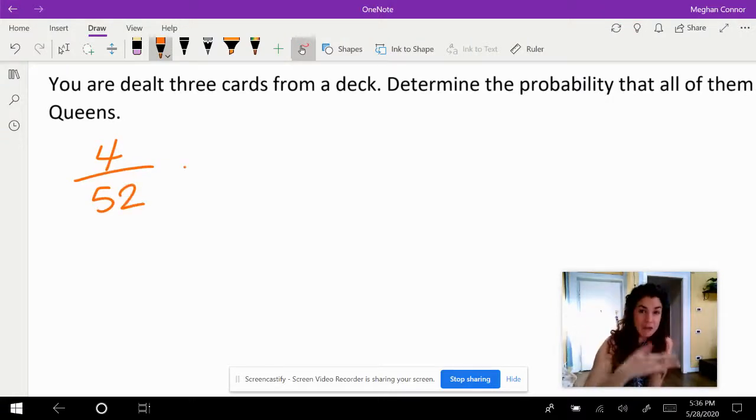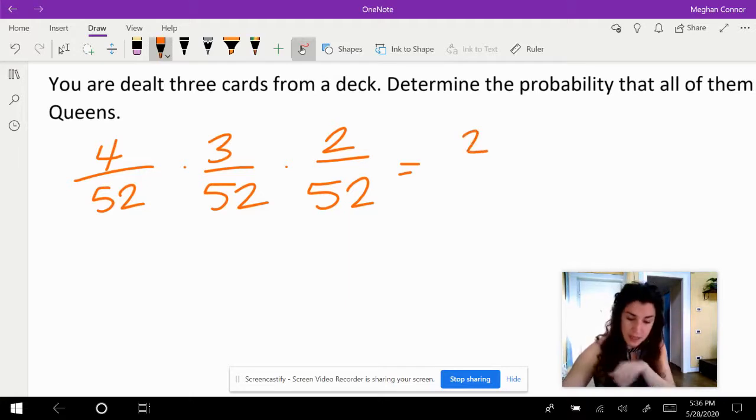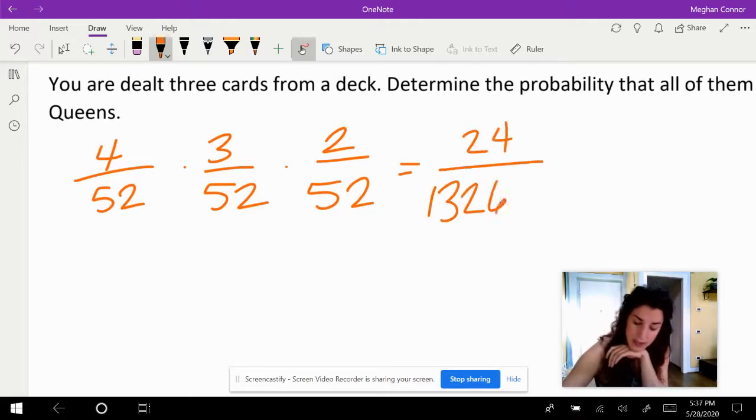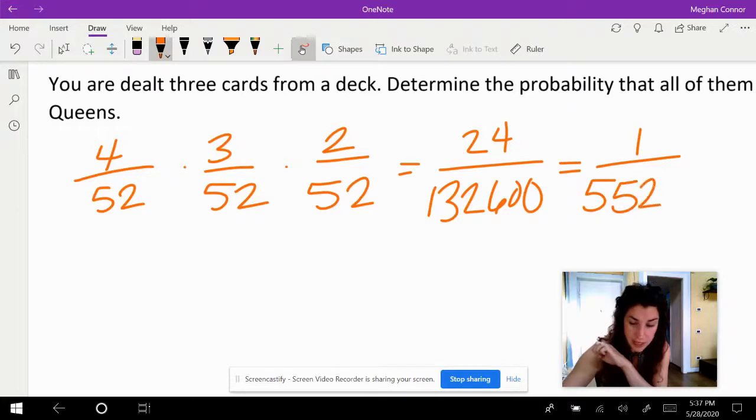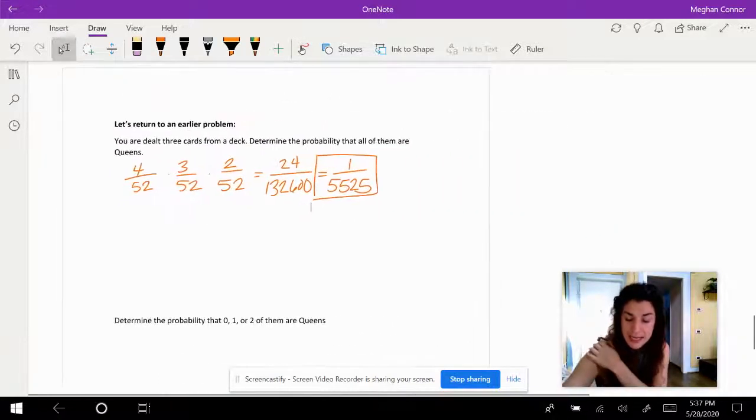And then after we've pulled out one of those queens, we only have 3 left out of 51, and then we still have 2 queens left out of 50. And that would be, I already did the math, 24 over 132,600. Simplifying that down, we get 1 over 5,525, which is the same number that we got above. It's just done in a different way.